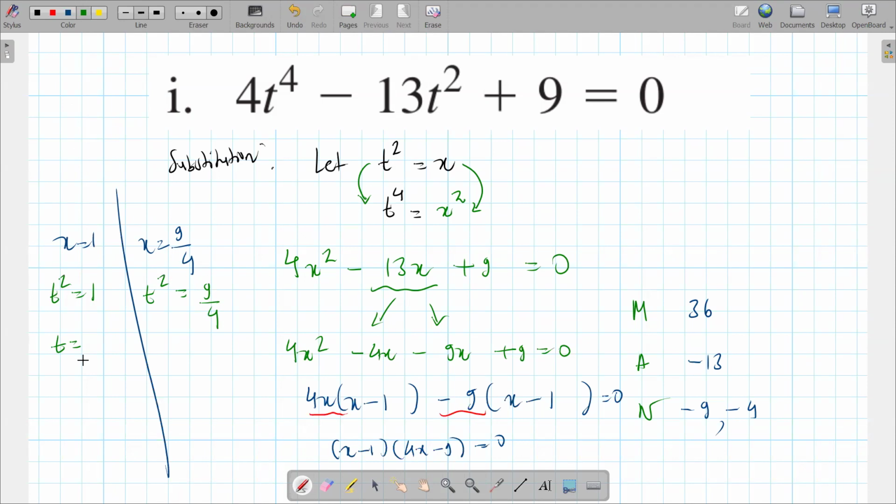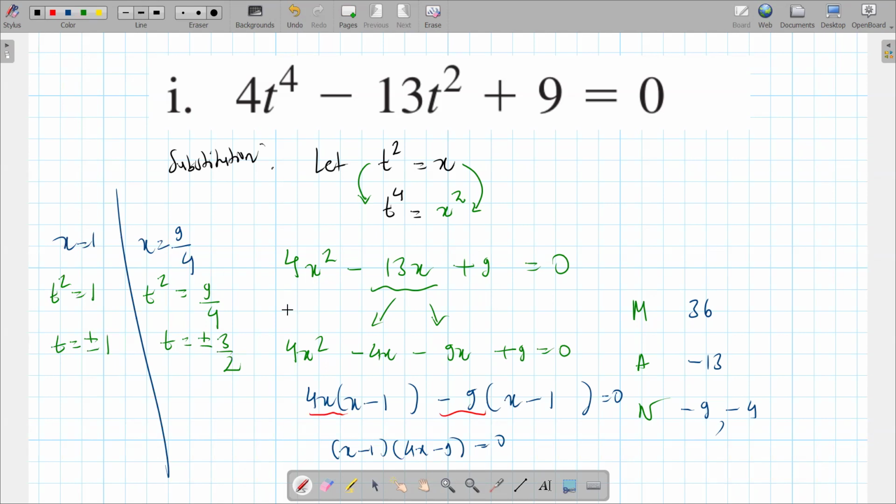It's 1. There's two answers. One is one of them. There's another one. Negative 1. Yeah, so it's plus minus 1. T squared is 9/4. What's t? 3/2. Yeah, plus minus 3/2.